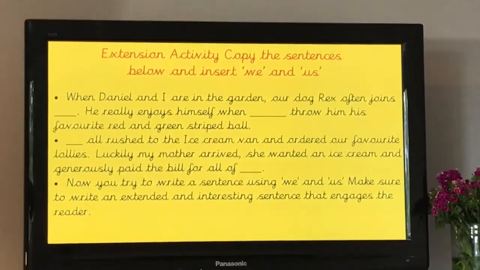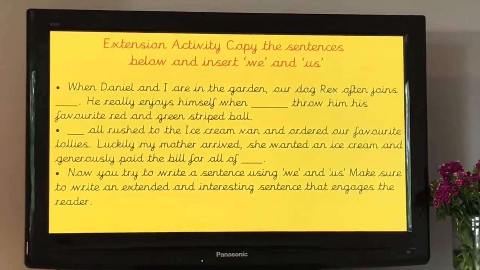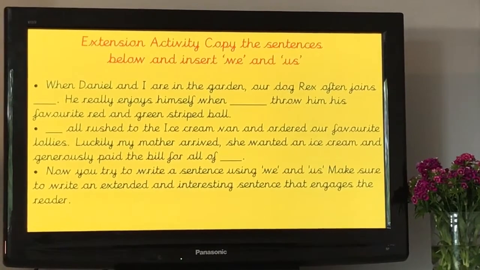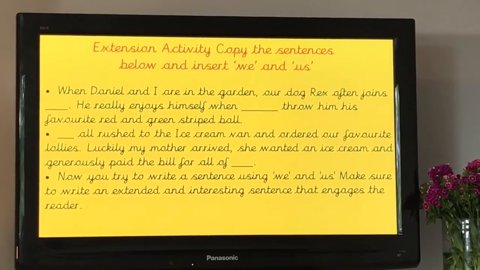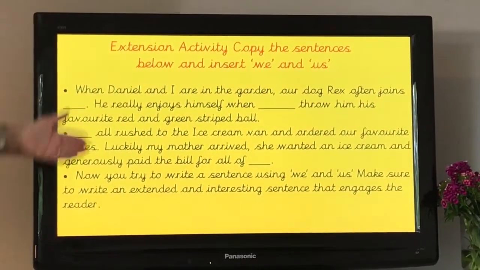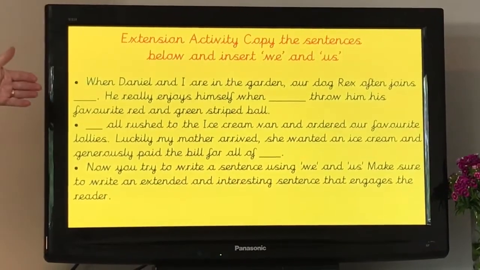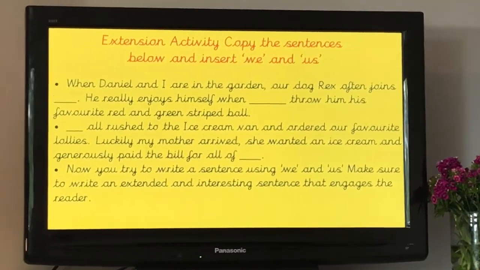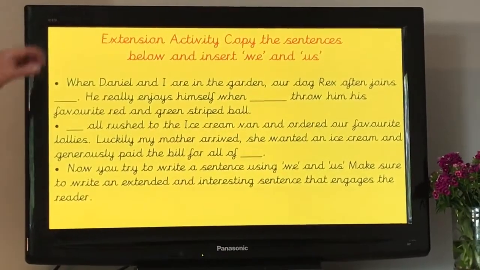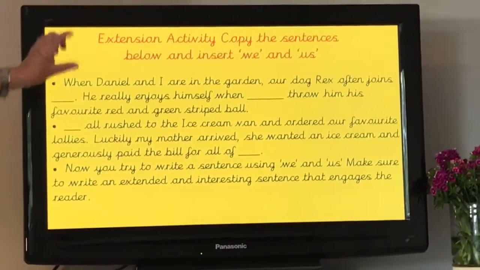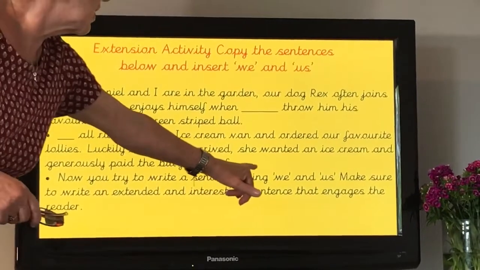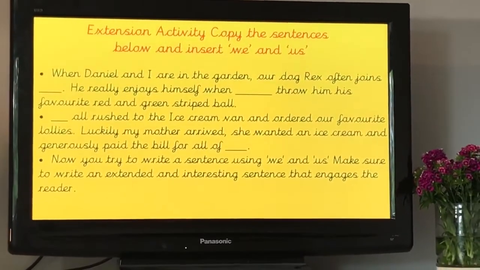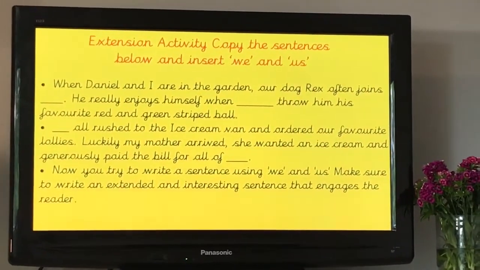Now, the extension activity today is using we and us, because they're actually sometimes the hardest to use. So what I want you to do is copy out this paragraph and insert we and us where you actually think it's appropriate. And after that, once you've done it to there, it finishes here, I want you to try and write a sentence using we and us.